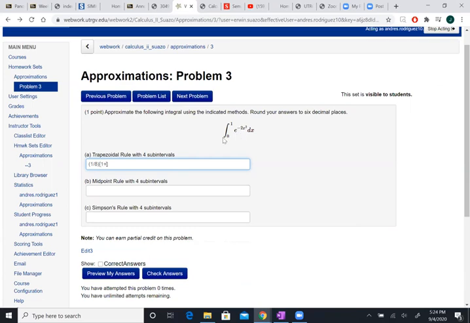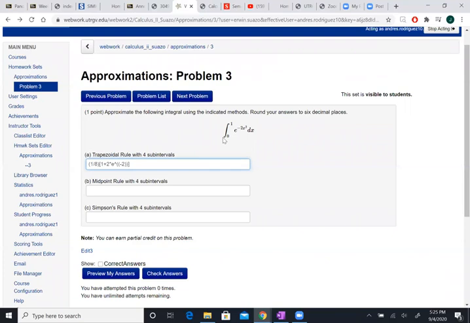Plus, then I need 2 times, and here I need to plug in my formula. It's an annoying formula to type, so I'm going to put minus 2 and do it this way so you learn to also type it in your Webwork. Then minus 2x squared, right?